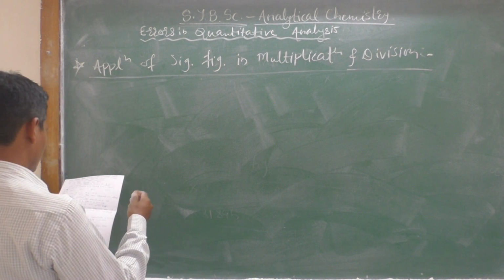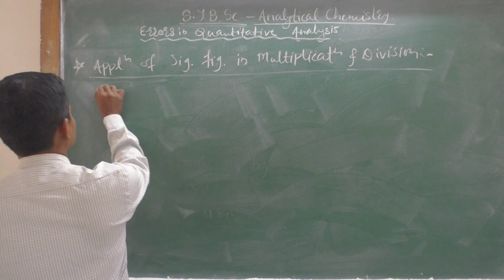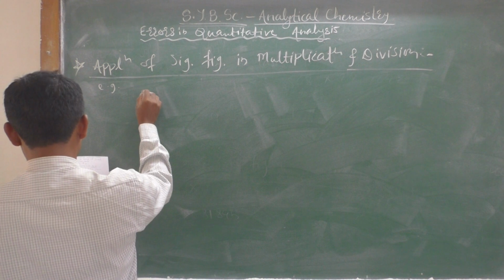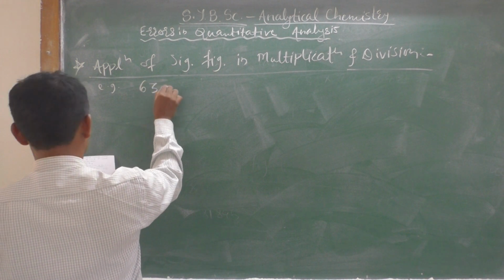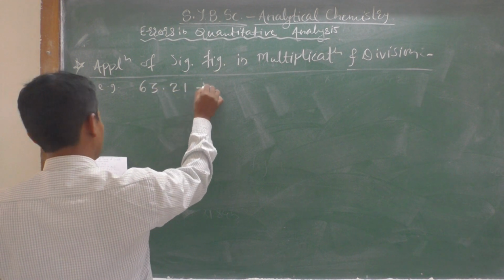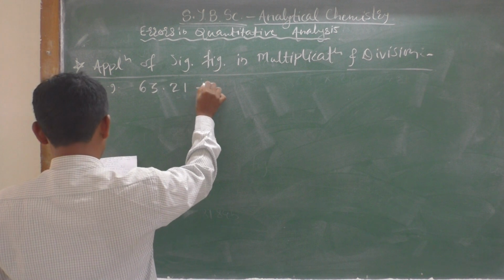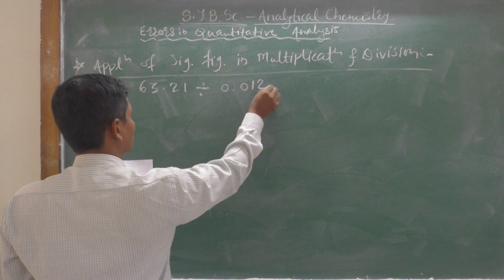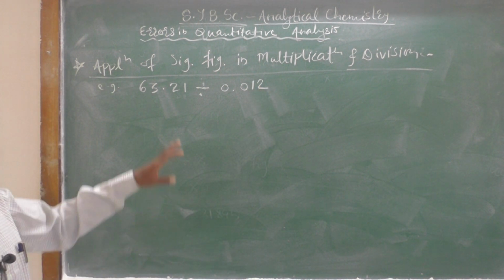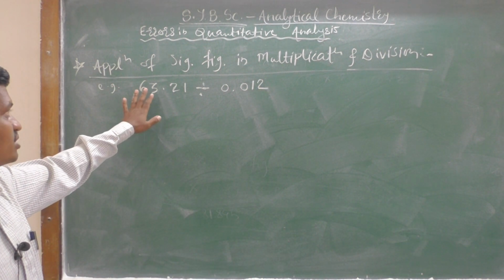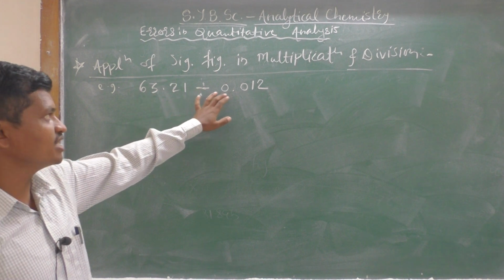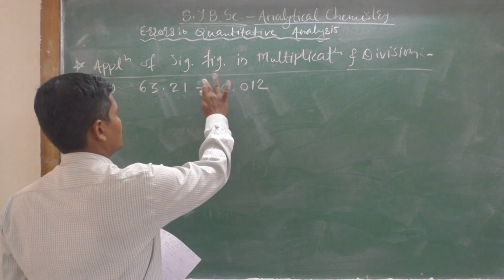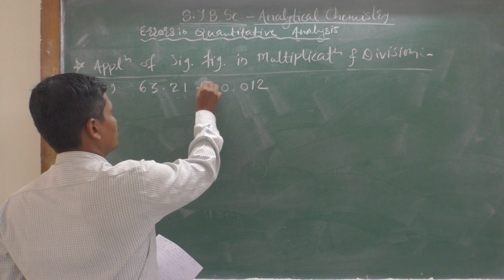Okay, now what is the problem? 63.21 divided by 0.012. So this is a very simple problem.